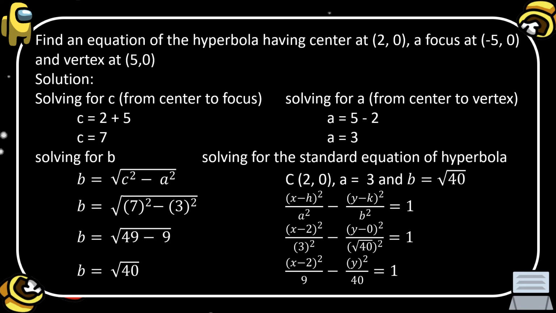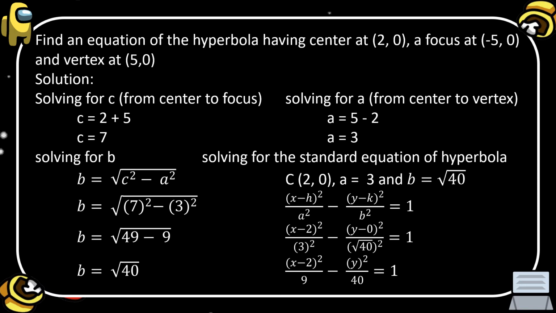So i-substitute nimo, so mahimo siyang the quantity of x minus 2 squared over the value of a which is 3. So 3 squared minus the quantity of y minus 0 because k is 0 squared over the quantity of the square root of 40 squared is equal to 1.